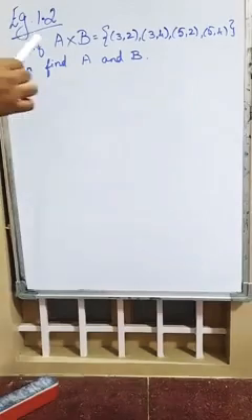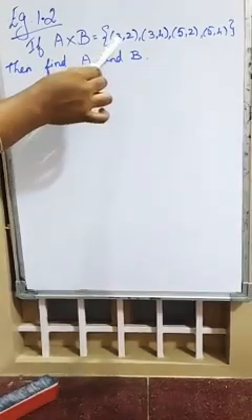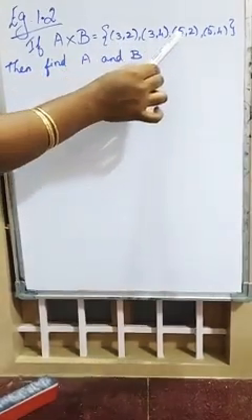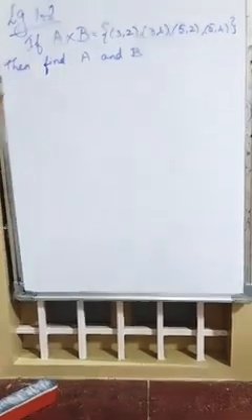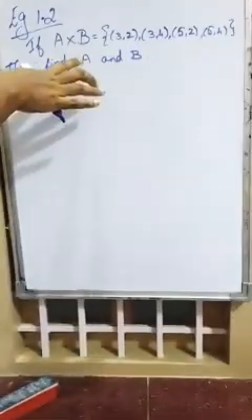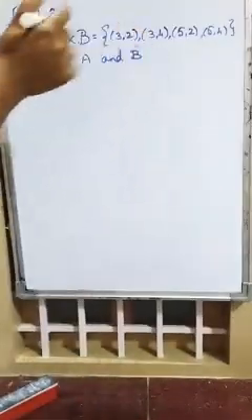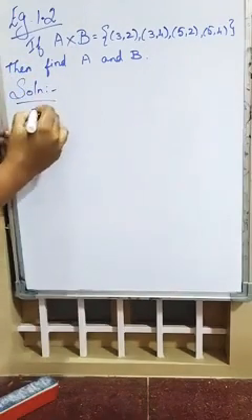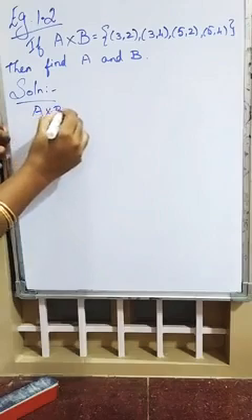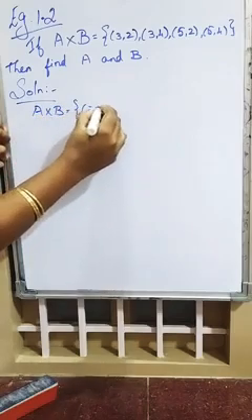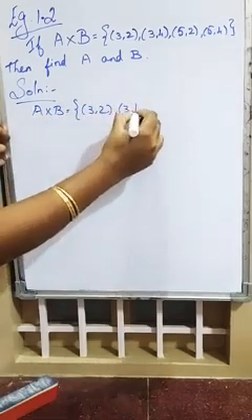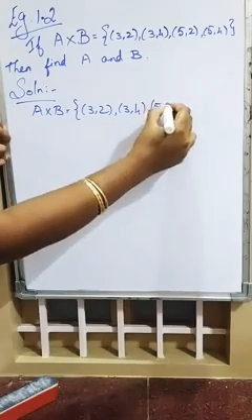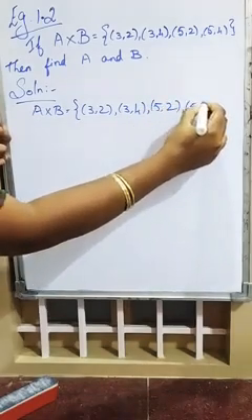If A cross B is equal to {(3,2),(3,4),(5,2),(5,4)}, you have to find the value of A and B. First you write the given, that is A cross B is equal to (3,2), (3,4), (5,2), (5,4).